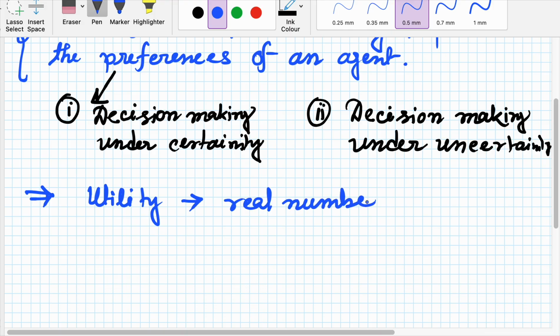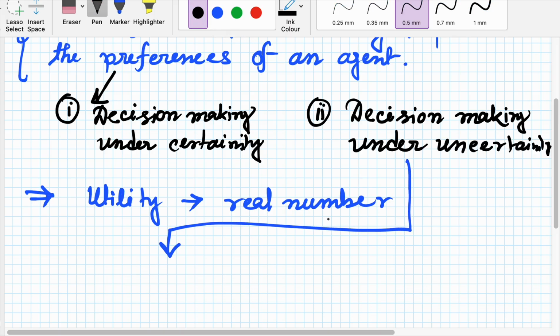Now, how does an individual make decisions under uncertainty? There can be many different rules by which one can choose decisions under uncertainty, and based on that we find that different utility concepts can be represented.